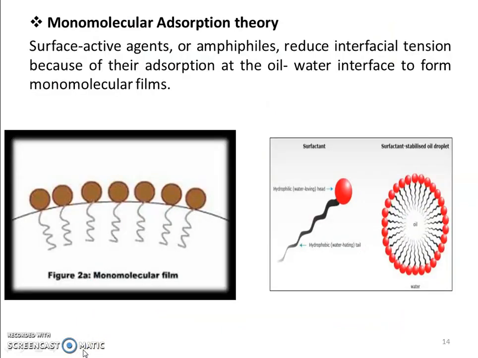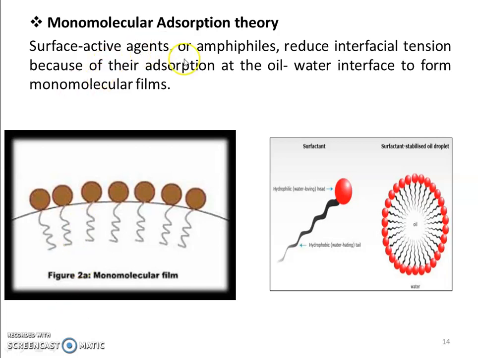The next theory is the monomolecular adsorption theory. Surface active agents are substances that have the ability to adsorb over the surface. After adsorbing over the surface, they reduce the interfacial tension and lead to the formation of a monomolecular layer.